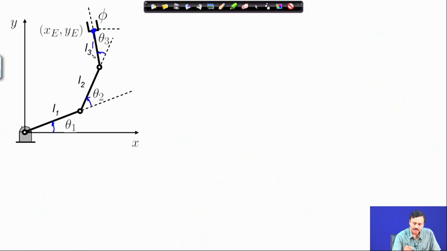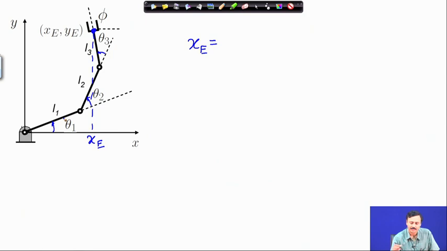The coordinate x e is the summation of the projections of the 3 link lengths on the x axis, that will give me x e.